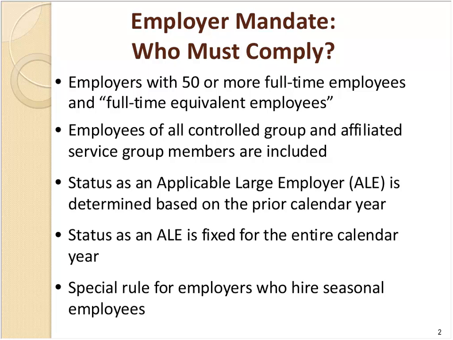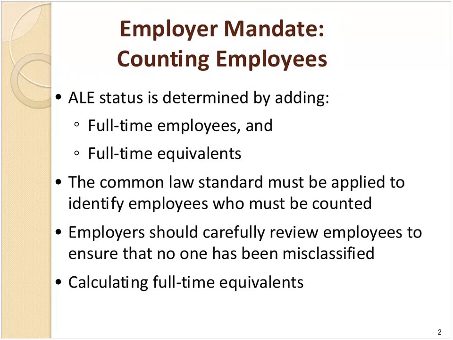Some of the tests as we go along will be applied to each member, but the overall test as to whether anybody in the control group has to comply, whether anybody is part of an ALE, is determined based on the entire control group and the entire affiliated service group, and it takes into account everybody who is a common law employee except for the special rule for some seasonal employees.